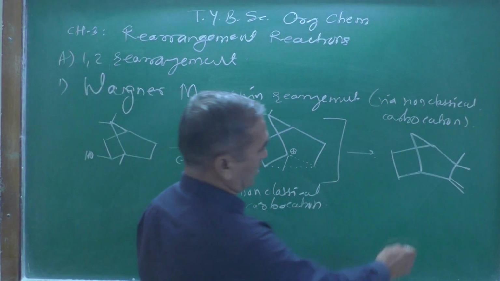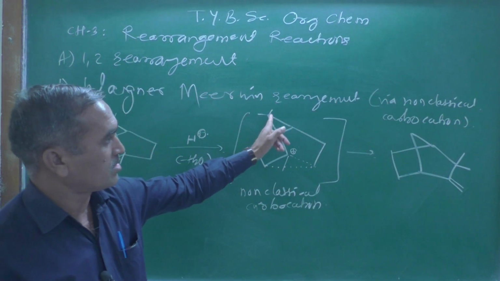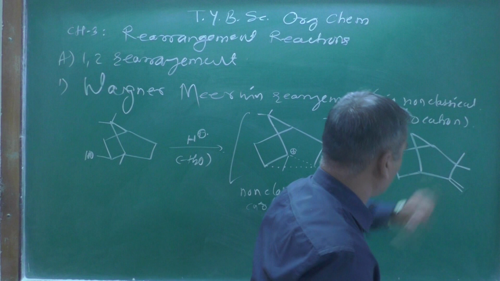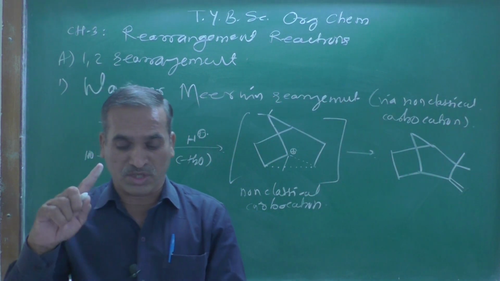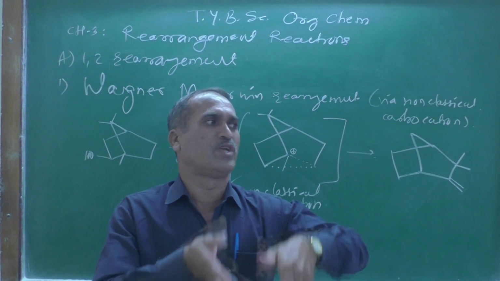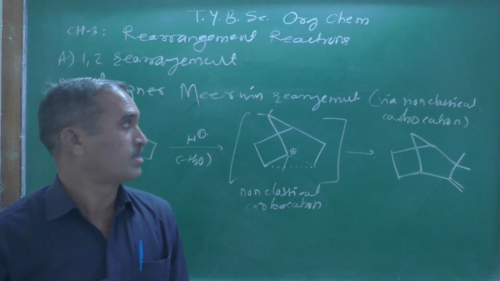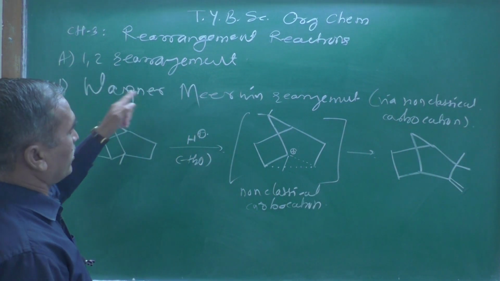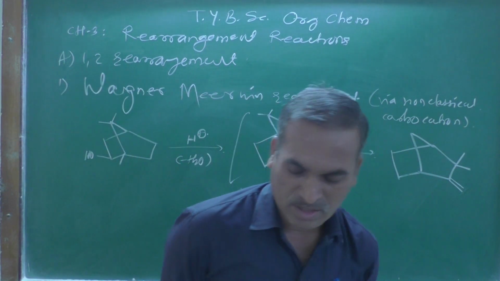How are we getting this product? Look, we are getting an olefin, and look at this tertiary bond we are getting adjacent to that. While studying the details of Wagner-Meerwein, generally we are talking about reactions that proceed via a non-classical carbocation.